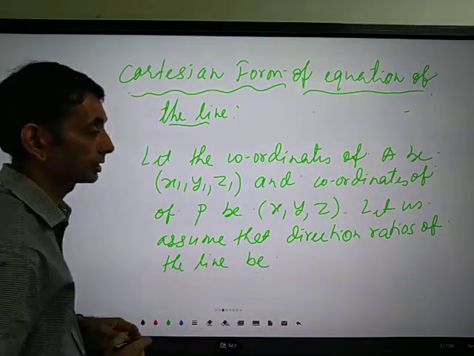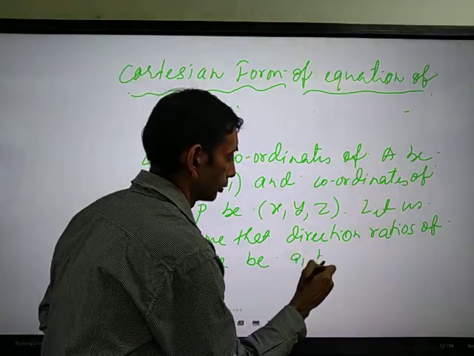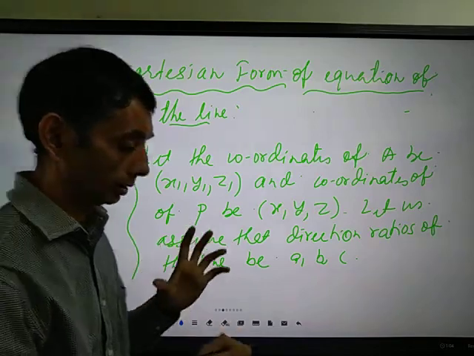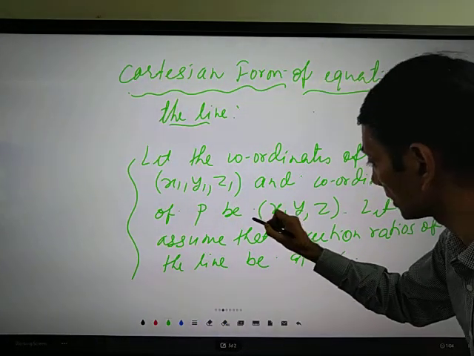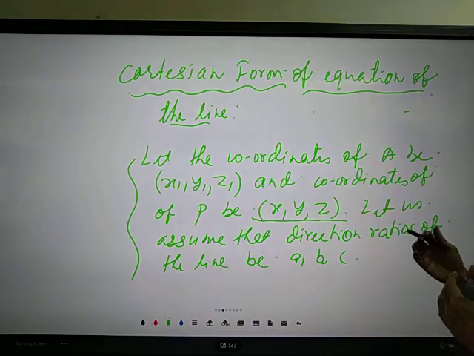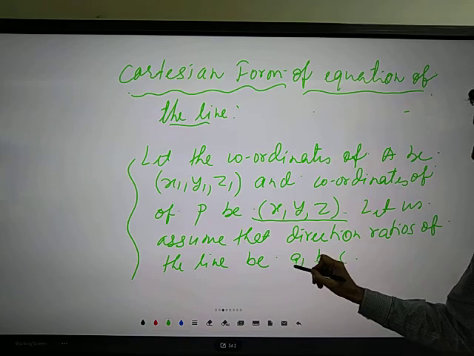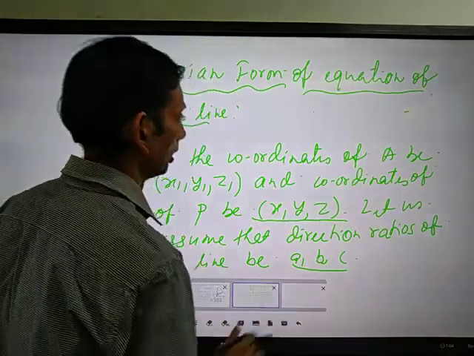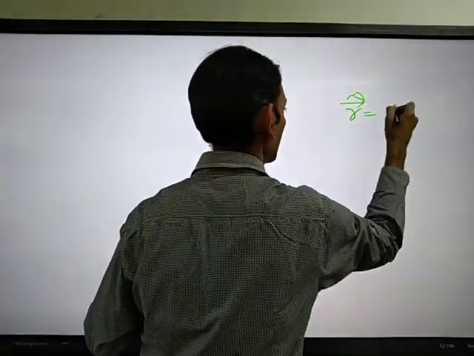Let us assume that the direction ratios of the line b are a, b, c. So we have assumed the coordinates of A as x1, y1, z1, and the coordinates of P, the arbitrary point, as x, y, z, and we are also assuming that the direction ratios of the line are a, b, c. So we'll write here the vector equation of the line in standard form.